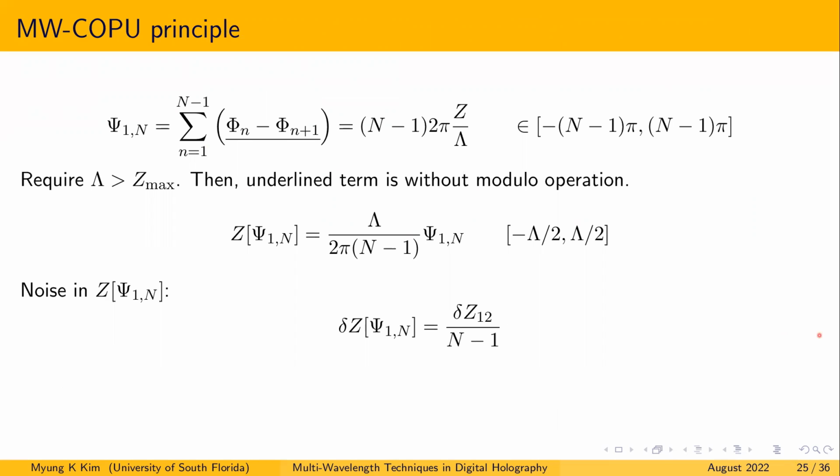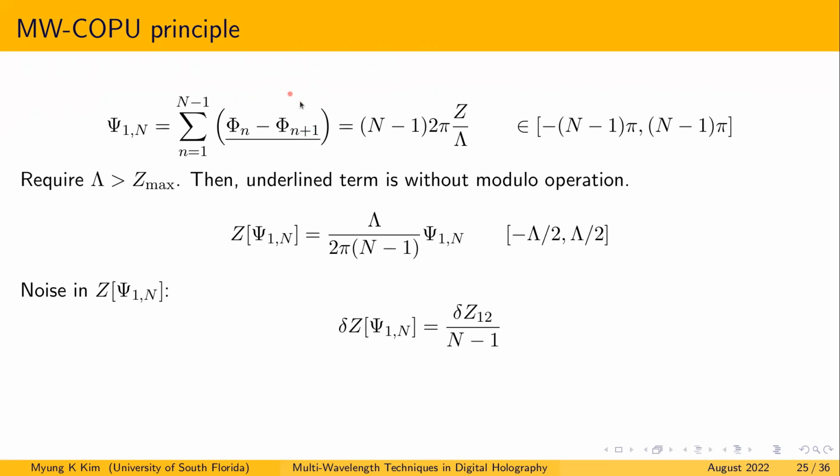So from the n holograms taken at uniform intervals of inverse wavelength, take the difference phases, phi1 minus phi2, phi2 minus phi3, phi3 minus phi4, etc., and sum those differences.